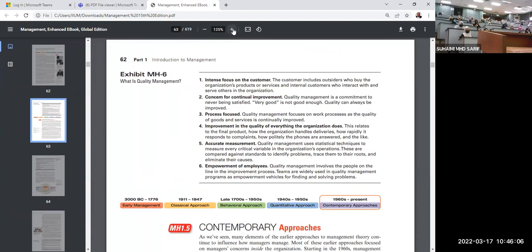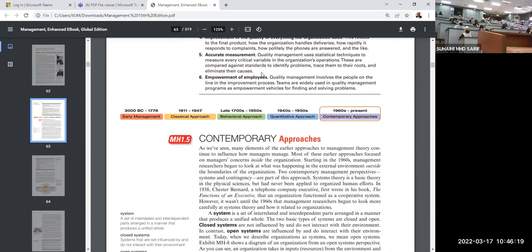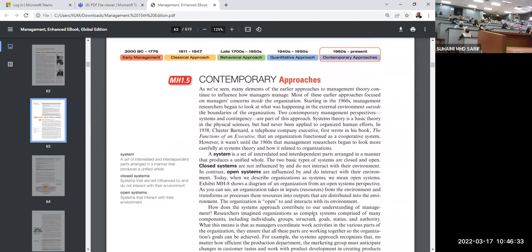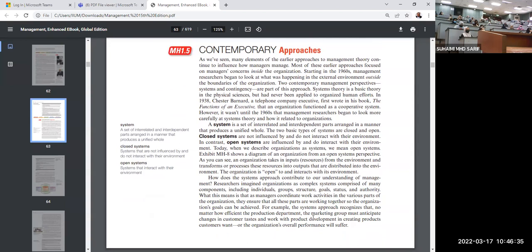Empowerment, you can give independence to the employees, so that they will be more free to work and they will gain more trust. Those are the quantitative approaches. We still have these: Max Weber, Taylor, Kaizen in our management, and also we have the contemporary approach.